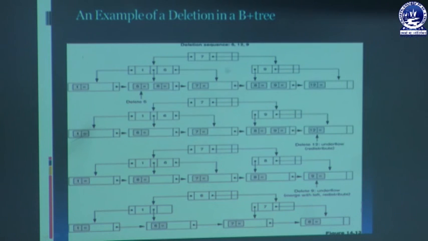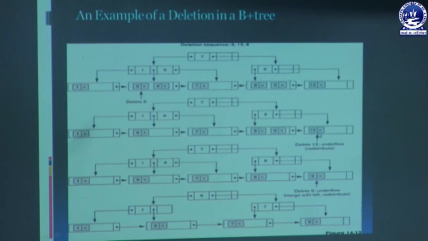Next we want to delete 12. In the case of 5 the node was full, so we simply deleted it. But in the case of 12, when we delete it, you can see the node is underflow.